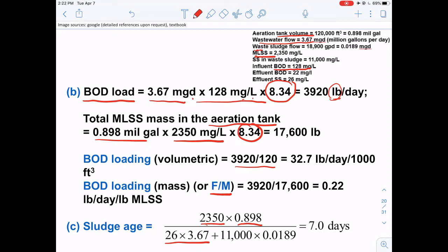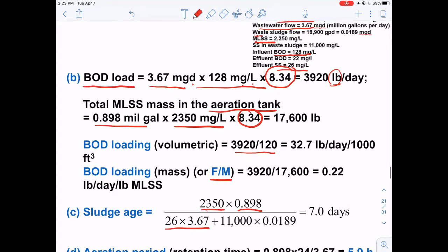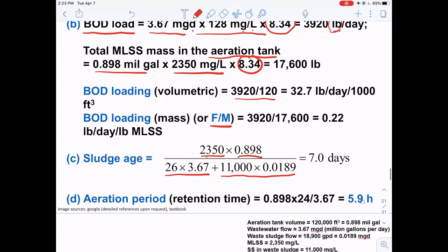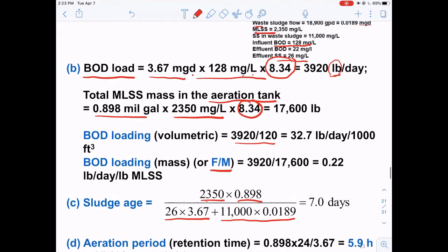One of them is the outflow through the effluent, 26 multiplied by the effluent flow rate, and the other is the waste sludge. We know that waste sludge has a flow rate of 0.189, and the concentration is much higher, 11,000. So we can calculate the sludge age.